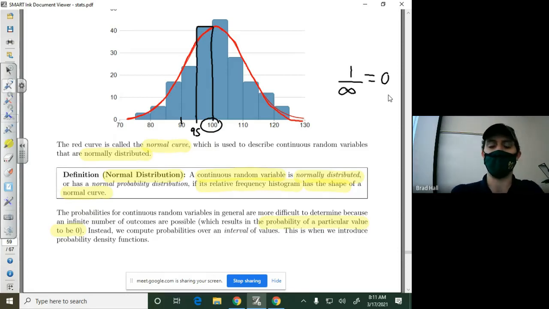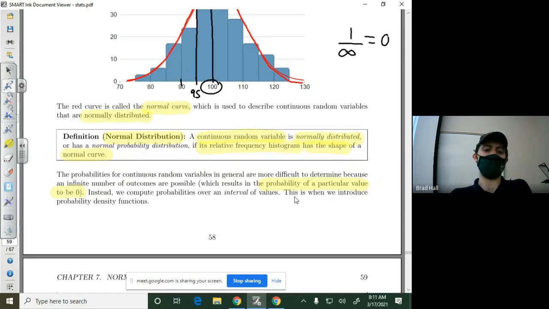That's saying that this histogram is not counting the number of times 95 occurs or the number of times 100 occurs. It's counting the number of times something occurs between 95 and 100. So these intervals are ultimately what our X values are going to look like.